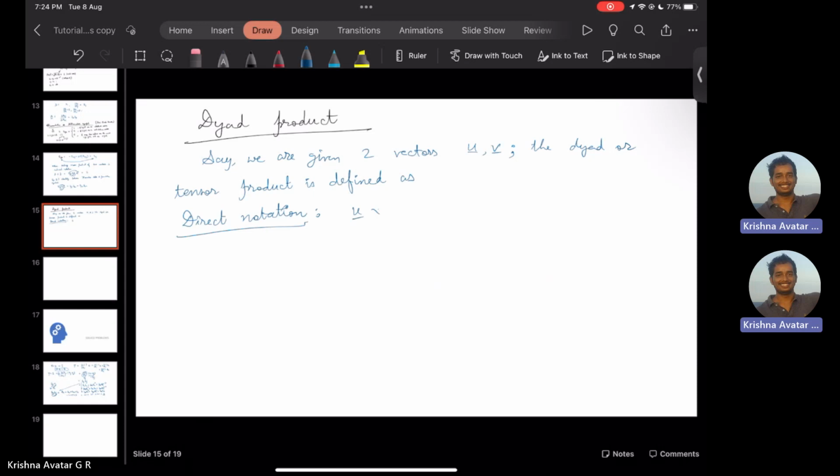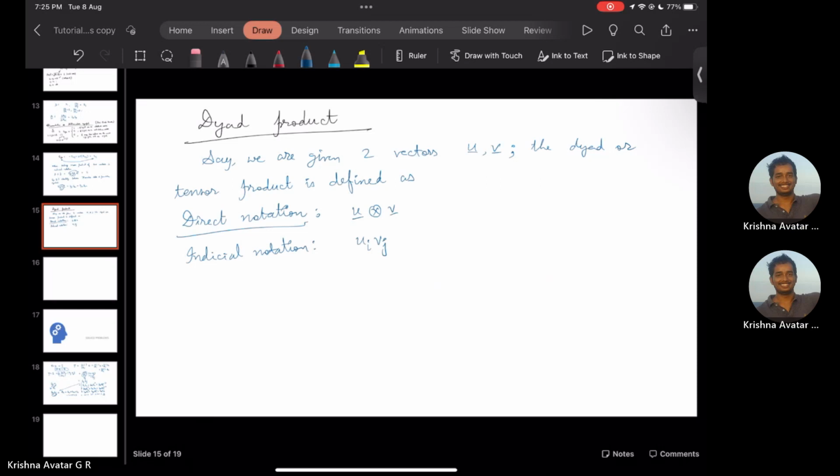We define this as u ⊗ v. This can also be pronounced as "bun". So you call this symbol "bun". I learned this during one of my classes that I did here. And the indicial notation is ui vj.